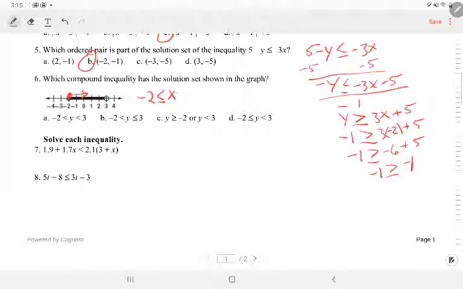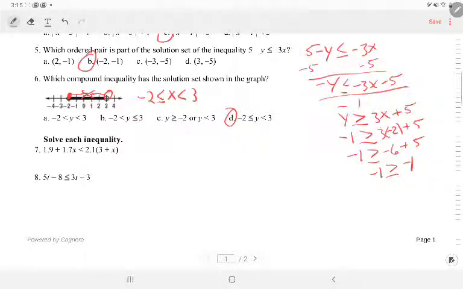And then x is less than 3 because we have an open dot going to the left, and that would end up being D. So it's just interpreting the graph.